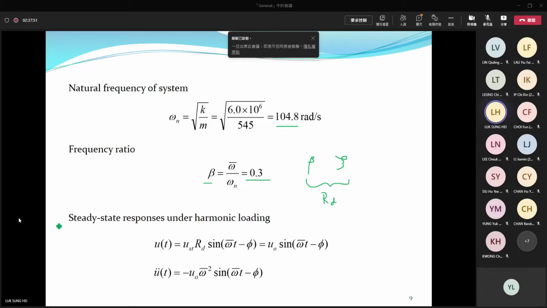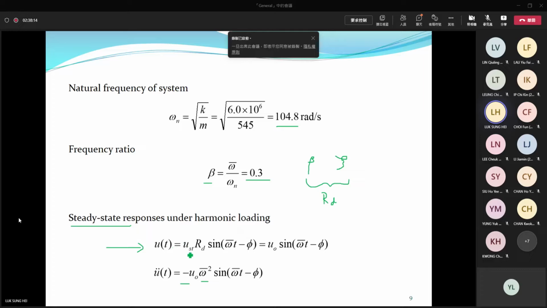At steady state, our displacement response is equal to UST RD sine something. Differentiate this equation twice. Differentiating sine gives you cosine, differentiating cosine gives you minus sine, and then you have to pull omega bar out 2 times. So you have omega bar squared, sine something, okay?